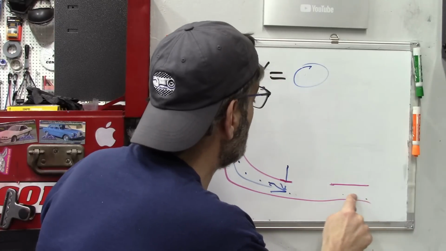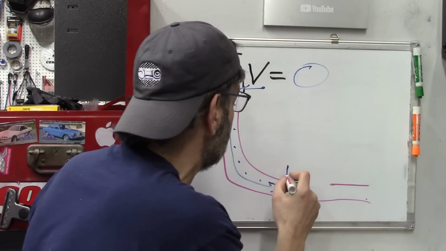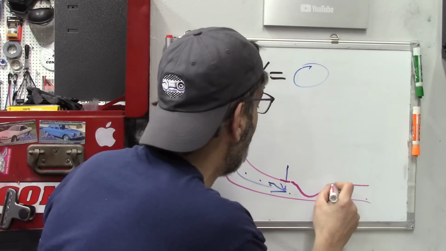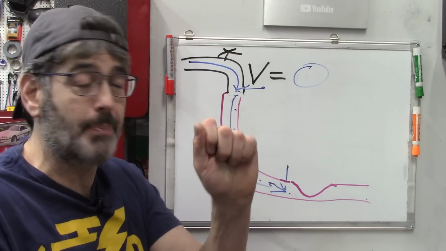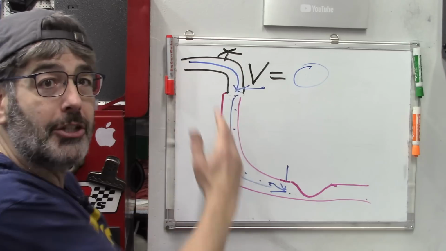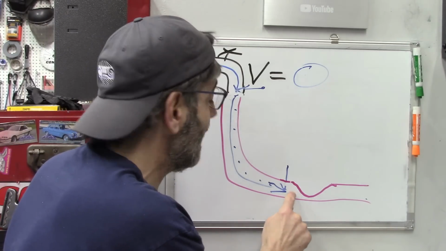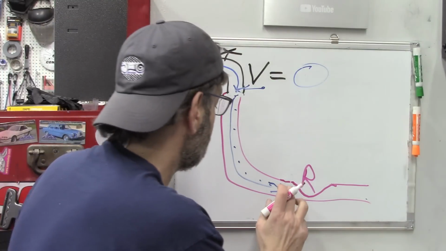Just visualize this by thinking of if you've ever played around with a garden hose, right? You want to stop the flow of water on the hose. What do you do? You bend the hose or you pinch it or something, right? That's going to build up pressure behind that kink. All right, so that's going to be your resistance.